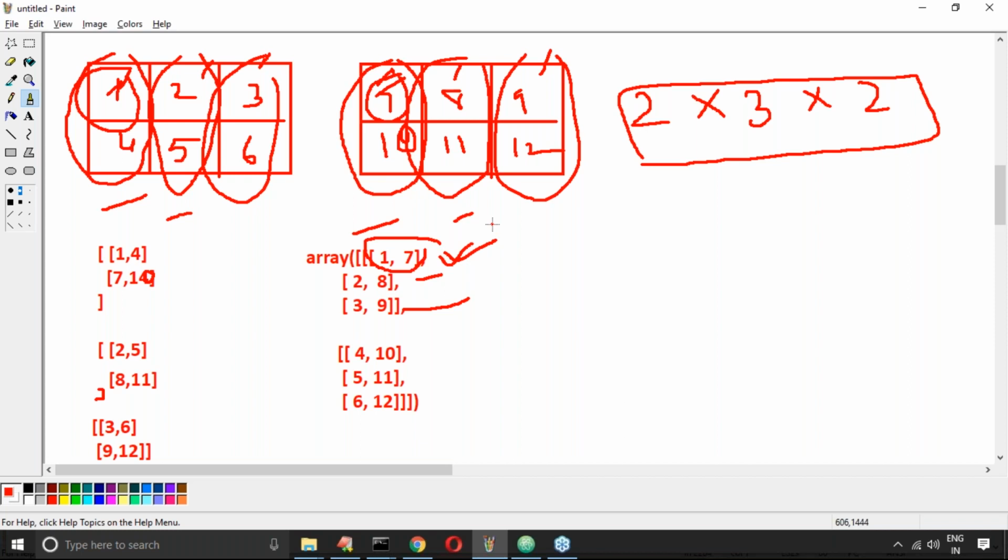Accessing one result can make you understand very easily. First row, and then here the first row, here the second row. Row wise, we are not facing any problem. Understanding column wise is the problem. Can you please observe: 1, 7 is the first row, 2, 8 is the second row.